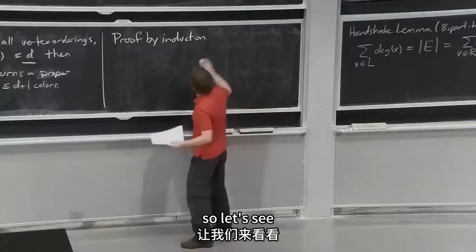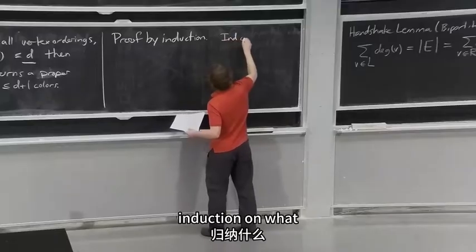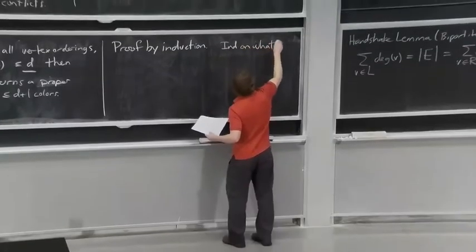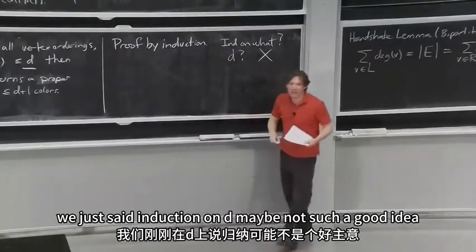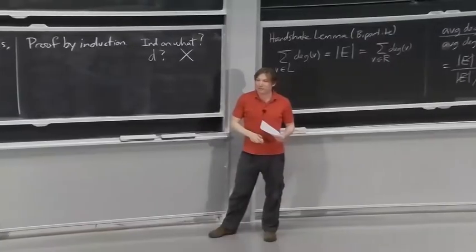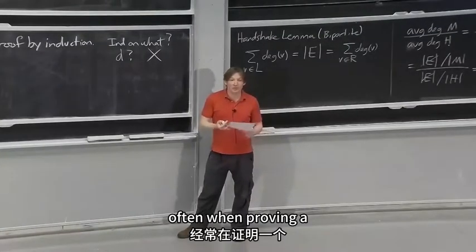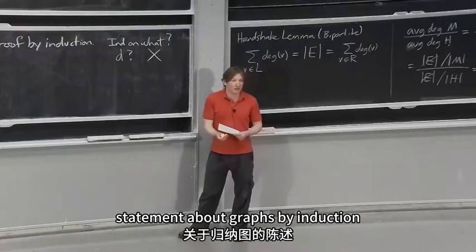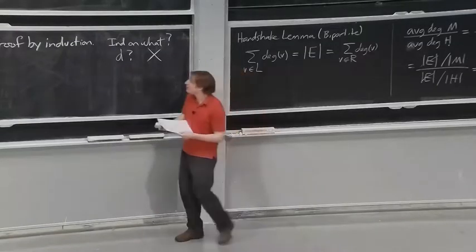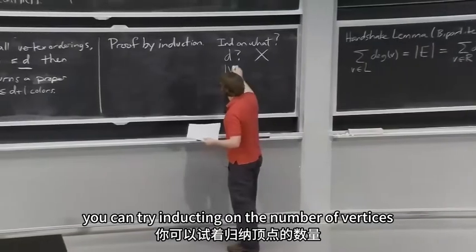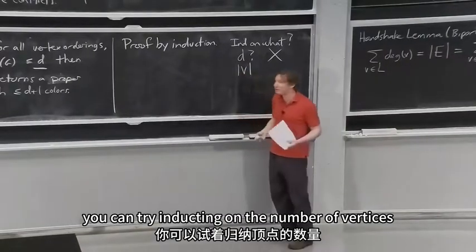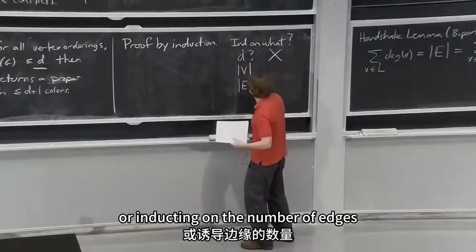So let's see. Induction on what? We just said induction on d, maybe not such a good idea. Often when proving a statement about graphs by induction, there are two common strategies to try. You can try inducting on the number of vertices or inducting on the number of edges.